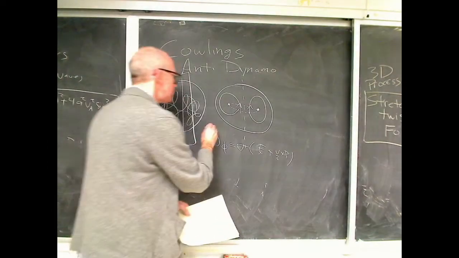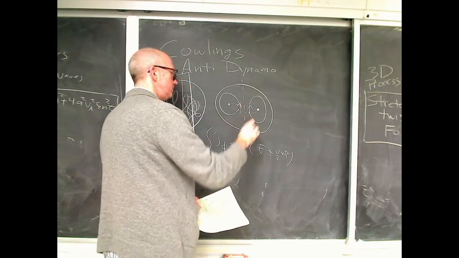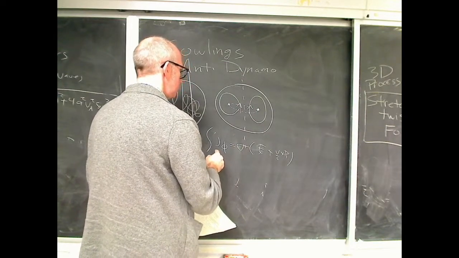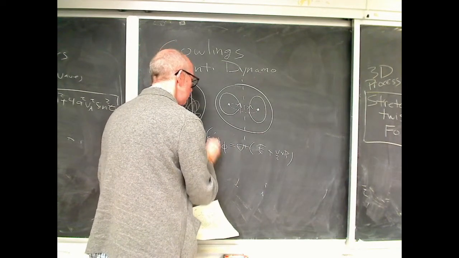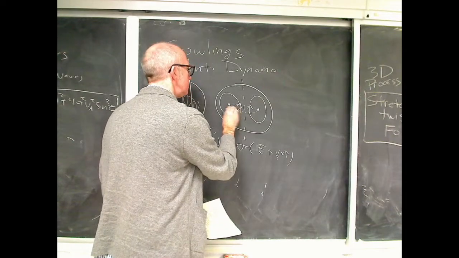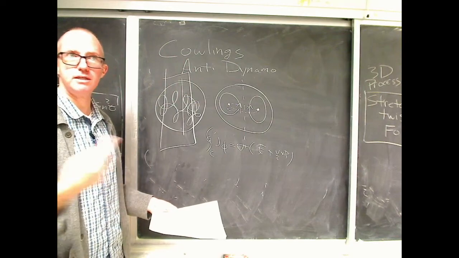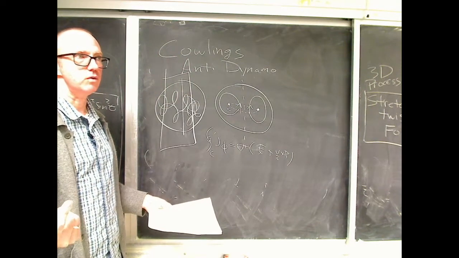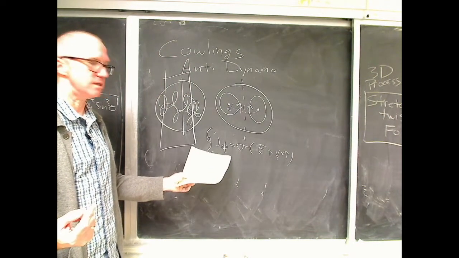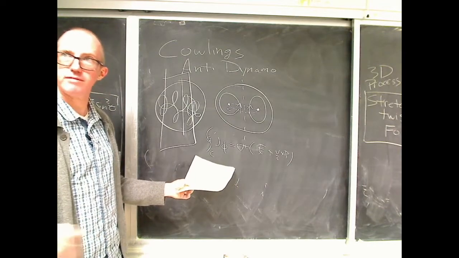So if I integrate this along this circle, let's call this curve C, the integral of J along C is not going to be 0, because J is going to be basically constant in one direction. So this is going to be something that's large and not zero. That's the current that's driving this magnetic field.